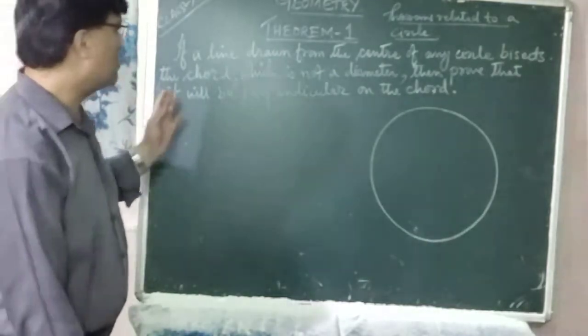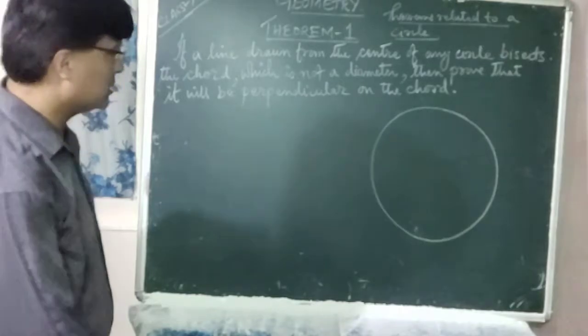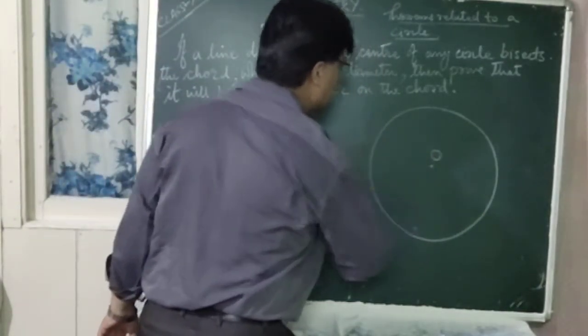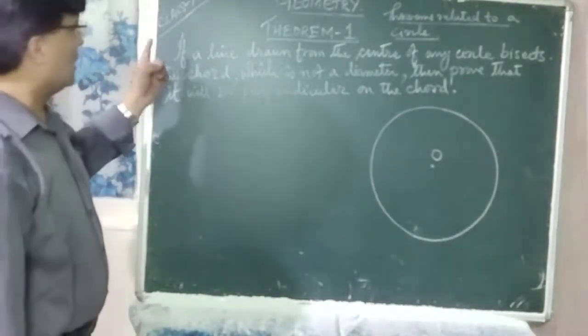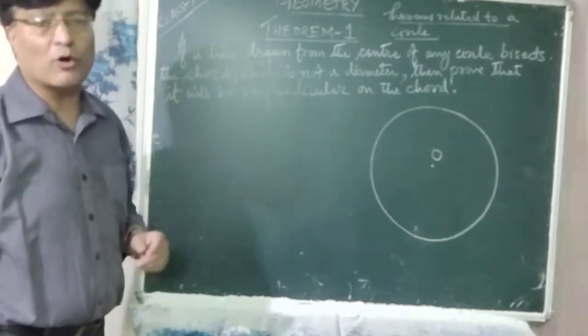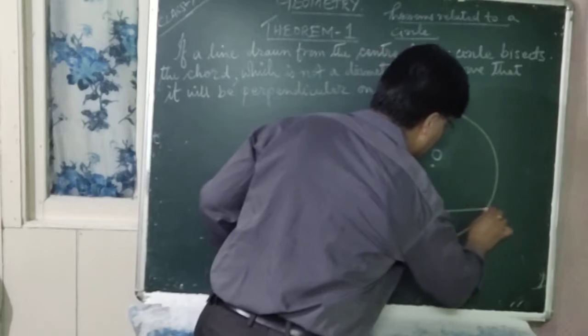Okay? So now I have drawn a figure here. हामीले एउटा के बनायौं यहाँ? सर्कल बनायौं. ठीक छ? The circle को यो चाहिँ के भयो? Center. Suppose center of the circle is O. If a line drawn from the center of any circle bisects the chord, let us draw the chord here. You know the chord.